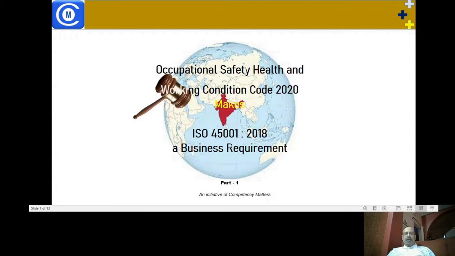This code has already received the assent of the Honorable President of India in the month of September, and we are expecting that early next year this will be implemented throughout the country.